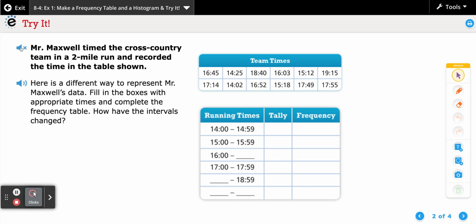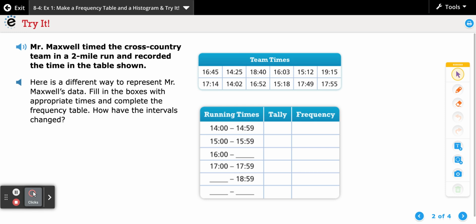Mr. Maxwell timed the cross-country team in a 2-mile run and recorded the time in the table shown. Here is a different way to represent Mr. Maxwell's data. Fill in the boxes with appropriate times and complete the frequency table. How have the intervals changed? Right, so in this frequency table, you can see that their intervals are basically 1-minute time periods.